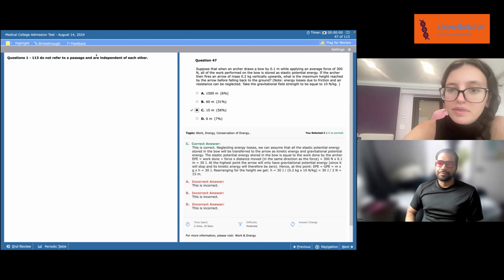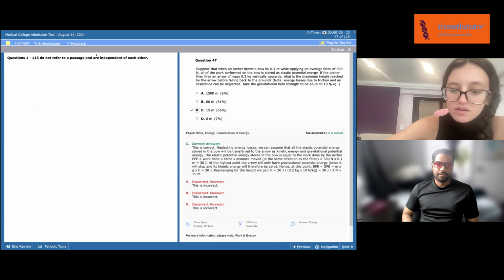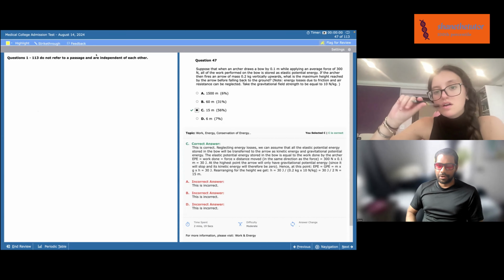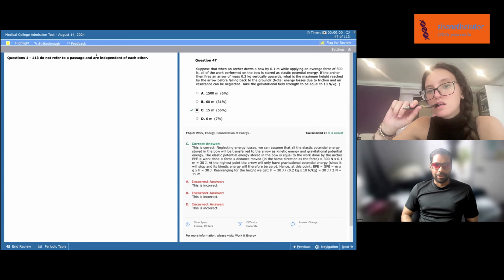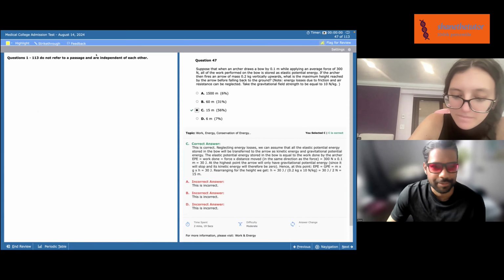Third, what is the maximum height? Of that arrow. Tell me how you're going to find that.